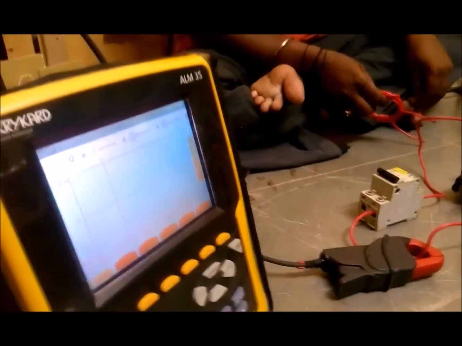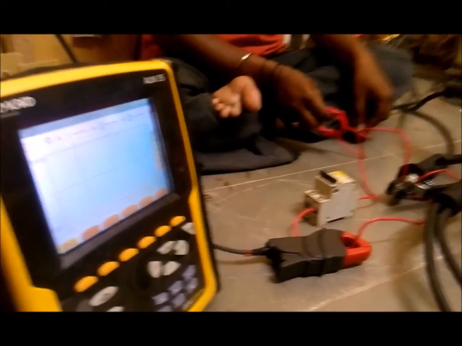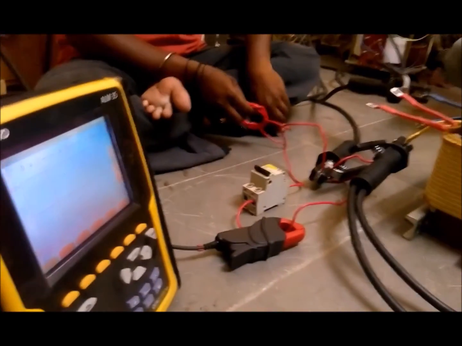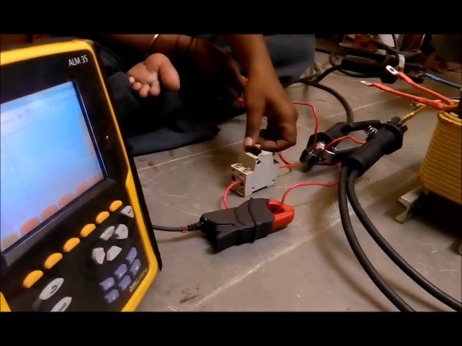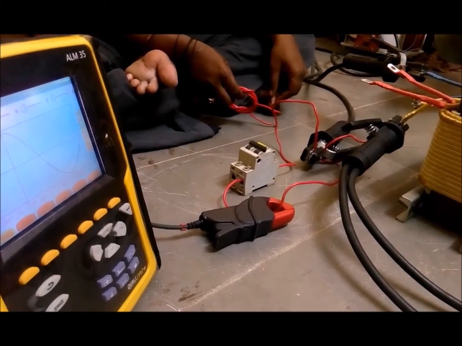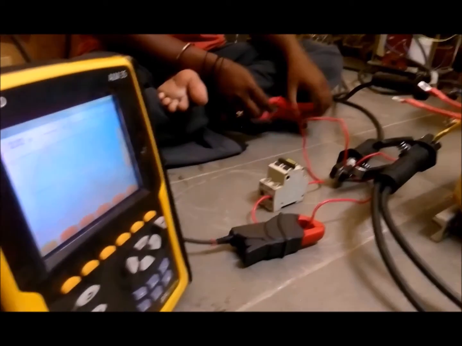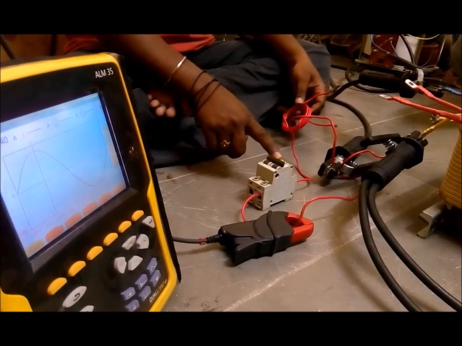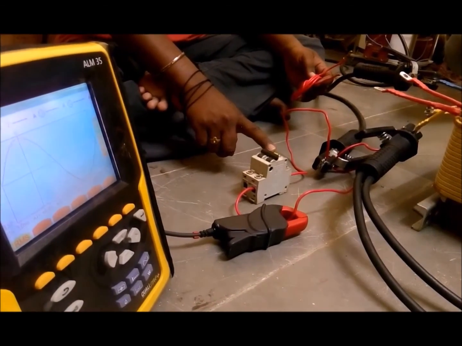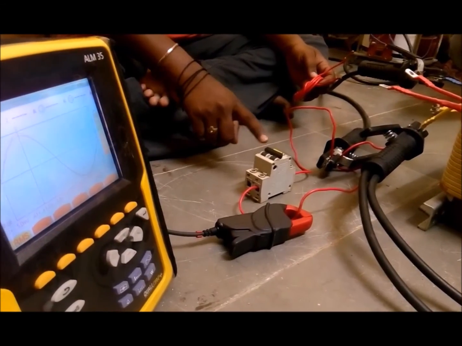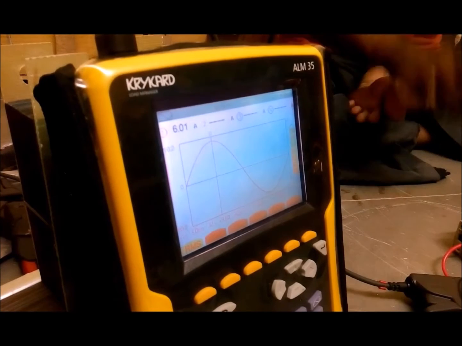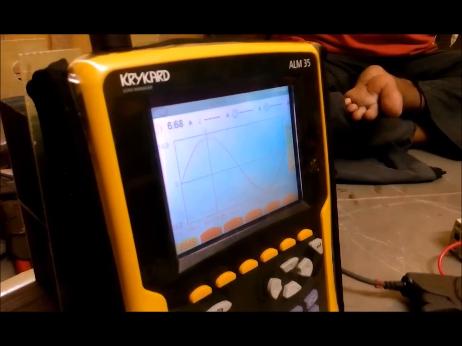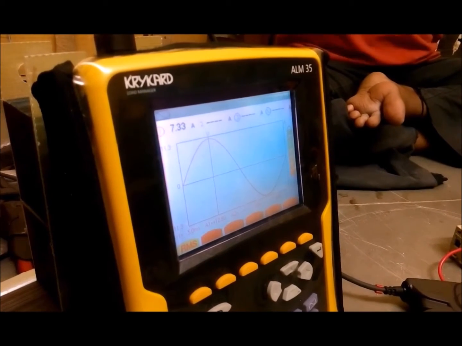In this arrangement, the MCB is now in trip condition, it is not on. We're making it on now. The MCB is on. Now we are increasing the load, and we will stabilize it at somewhere around 8 to 9 amperes.